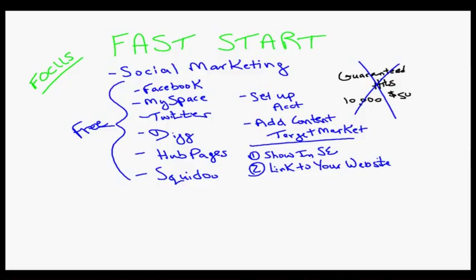Also, a visitor may find this page, or go to HubPages and search and find your site. They can link to your website so they know where to go for more information. And the search engines love these sites, and social marketing sites get more traffic collectively than anything else right now.